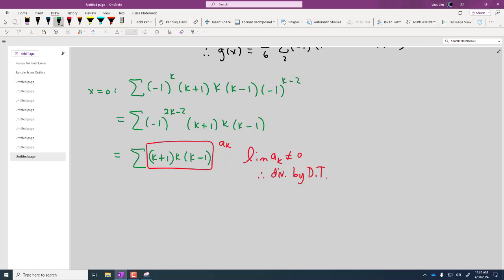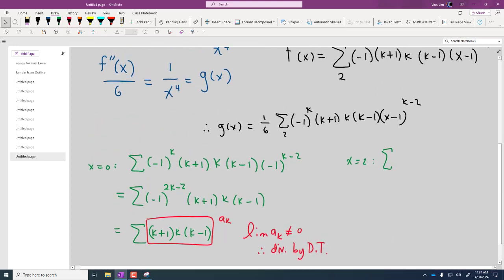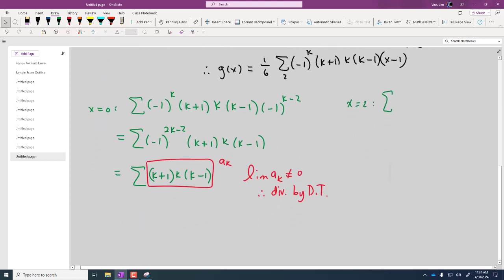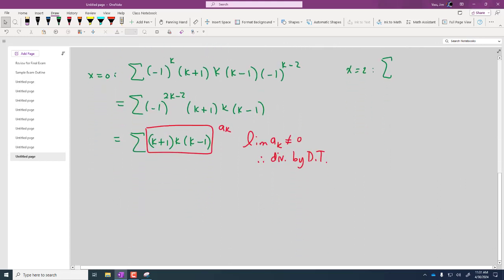If we look at the second endpoint, x equals 2, it's going to look very similar. The only difference is that we're plugging in a 2 here. 2 minus 1 is 1. 1 to the k minus 2 is 1. 1 to any power is 1. So when we do this, we end up with something super similar.